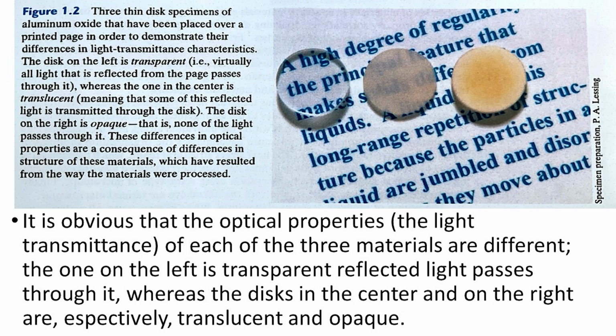It is obvious that the optical properties, that means the light transmission, of each of the three materials are different. The one on the left is transparent, and light passes through it.